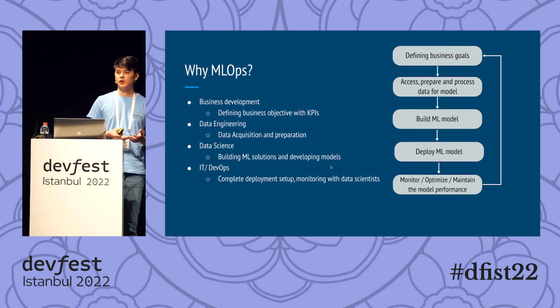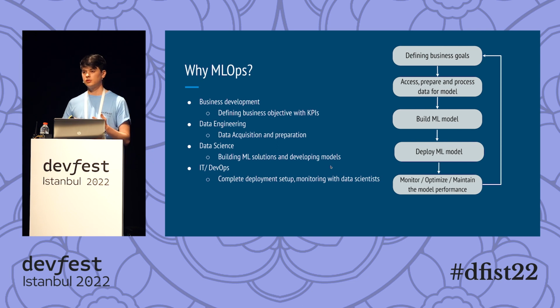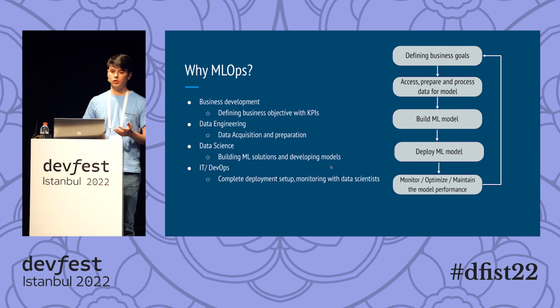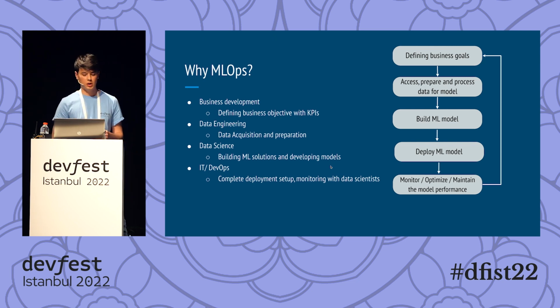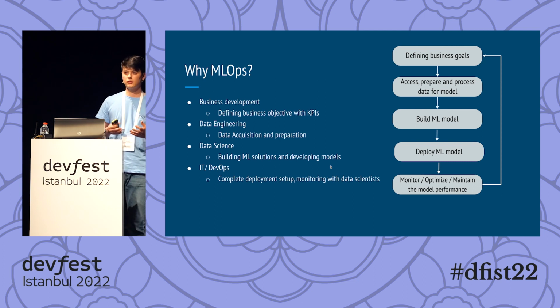Data engineering. After you get a clear definition of business goals, you need to get the data, prepare it, and feed it to the machine learning model. And data science. Once we get the data, data scientists start building different machine learning models and different algorithms in order to train a model.